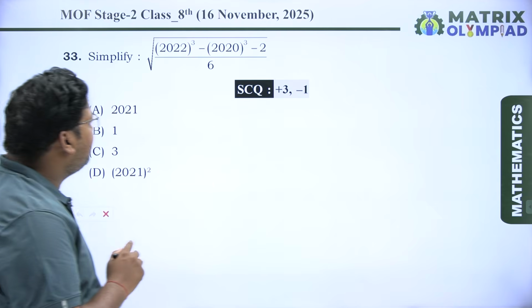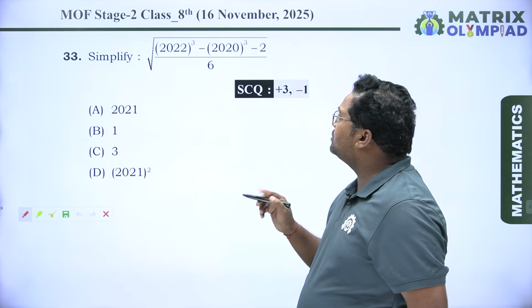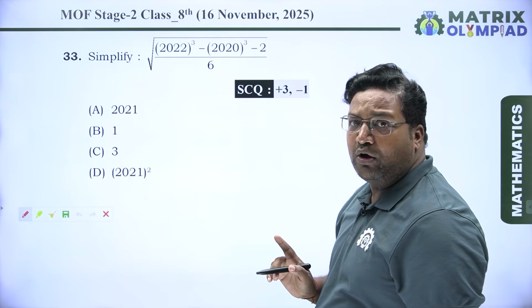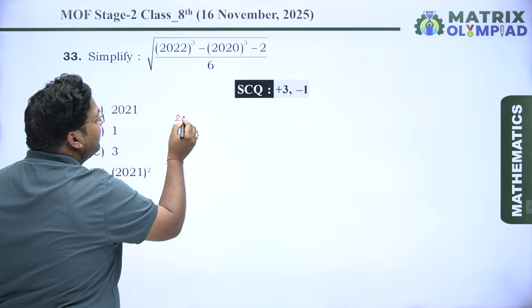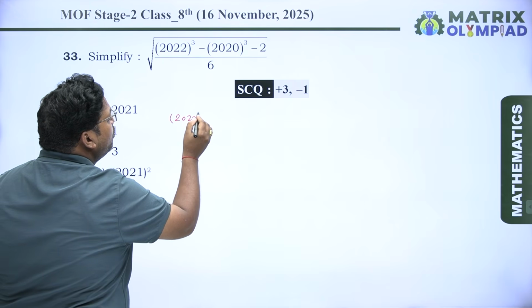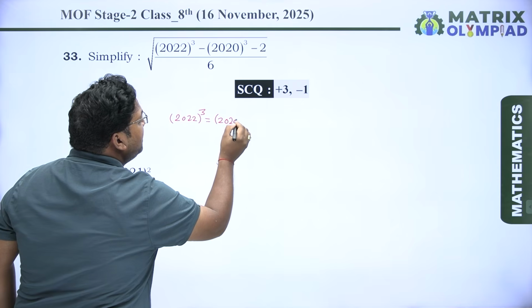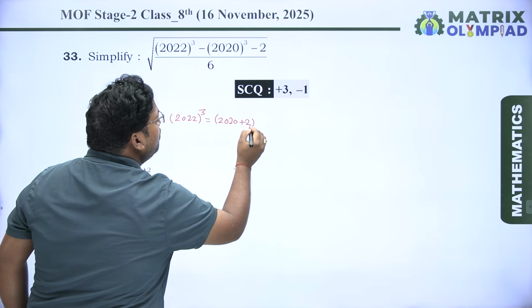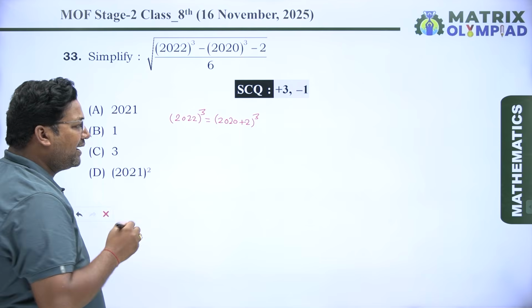Next question is: simplify the square root of (2022 cube minus 2020 cube minus 2) upon 6. So here first of all I have to write 2022 whole cube equal to 2020 plus 2 whole cube. Now we have to apply the (a plus b) whole cube identity.